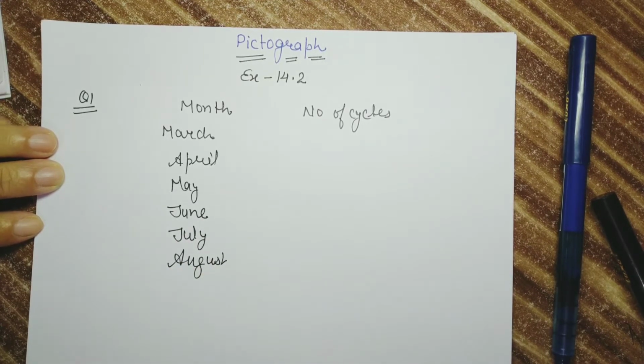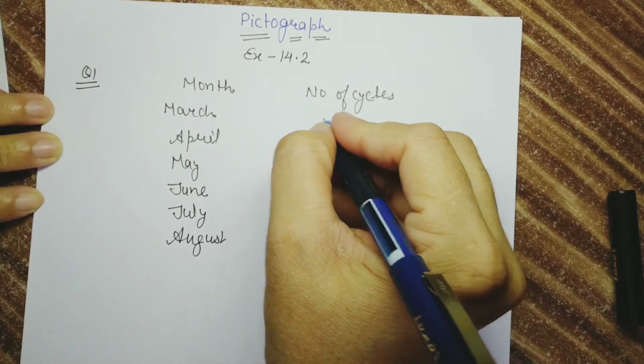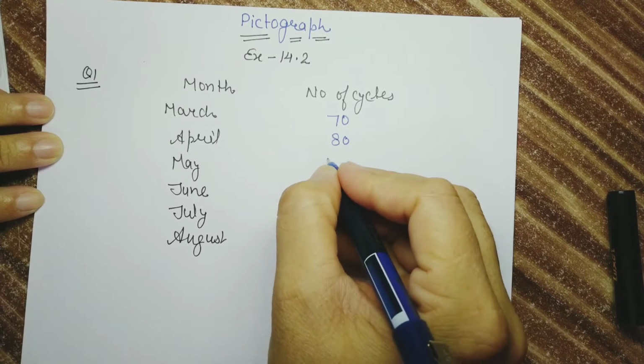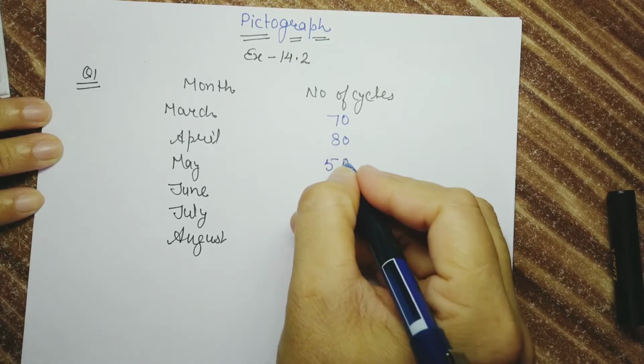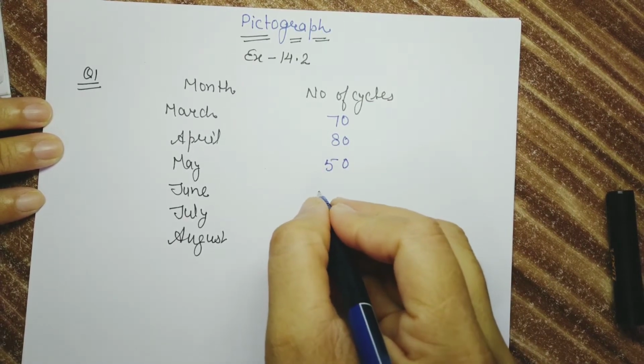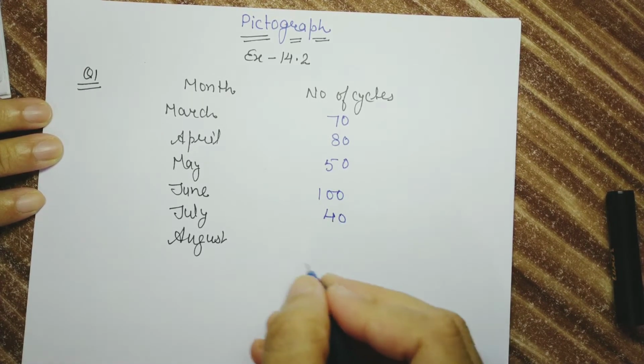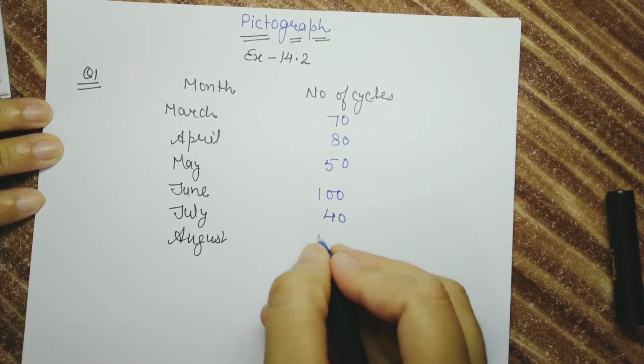In March, 70 cycles were sold, April 80, then 50, then 100, in July 40 cycles, and then in August 80 cycles.